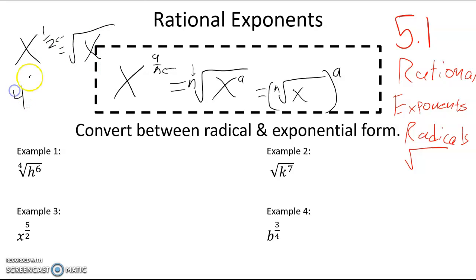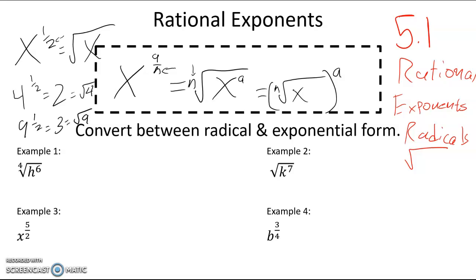And try it in your calculators. If you do 4 to the 1/2 power, that's going to be 2, which is also the same as the square root of 4. If you take 9 to the 1/2 power, you're going to get 3, which is also the same as the square root of 9, and so on and so forth. That's basically the most common examples that we do with rational exponents.